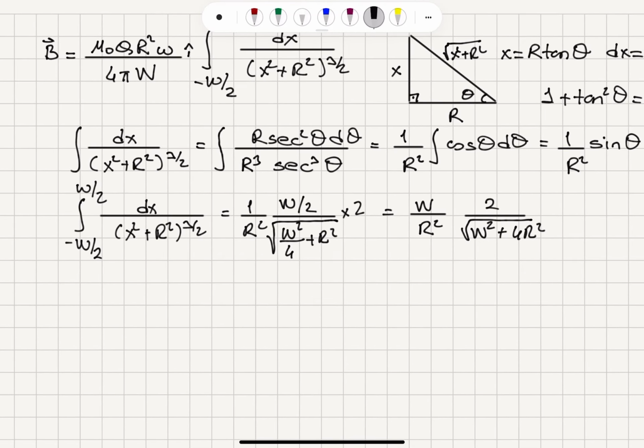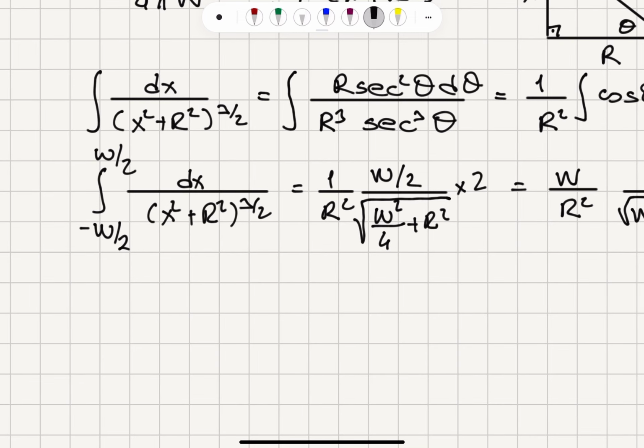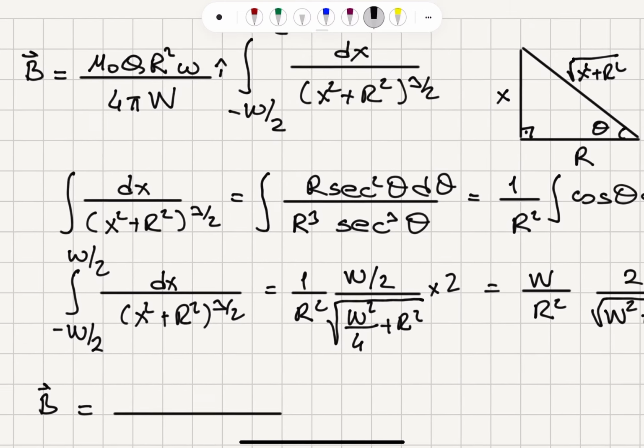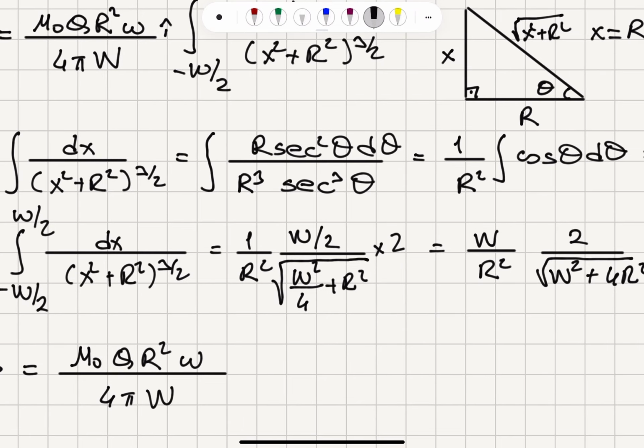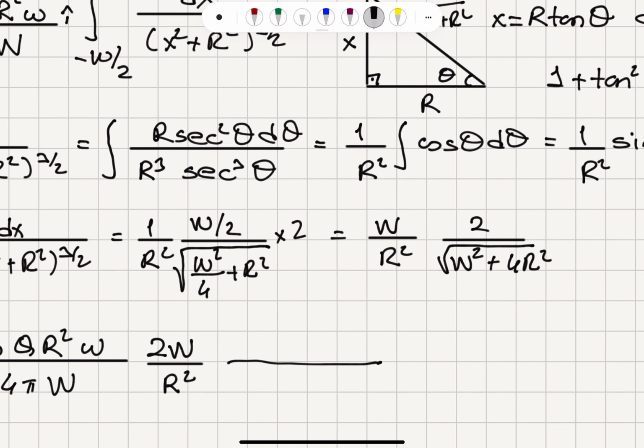So for this magnetic field, I will have B is equal to mu 0 Q, going back to my integral, mu 0 capital Q R squared omega divided by 4 pi, w multiplied with 2w over R squared, and then I have 1 over square root of w squared plus 4R squared.